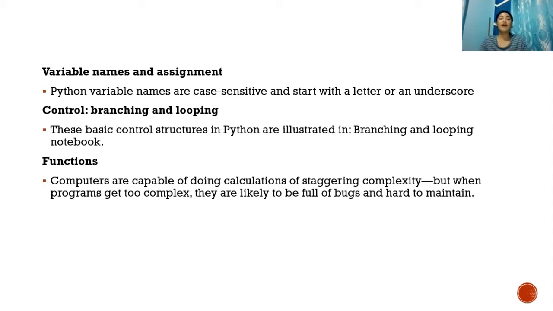Next is functions. Computers are capable of doing calculations of staggering complexity, but when programs get too complex, they are really likely to be full of bugs and hard to maintain. The most fundamental construct for keeping complexity under control is the function.